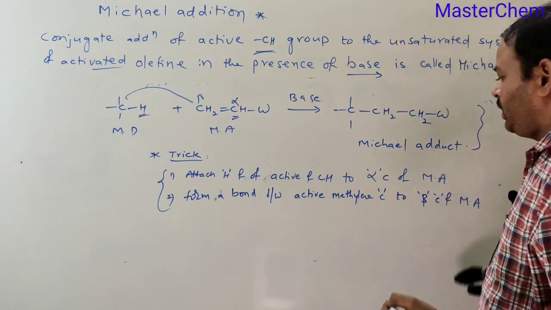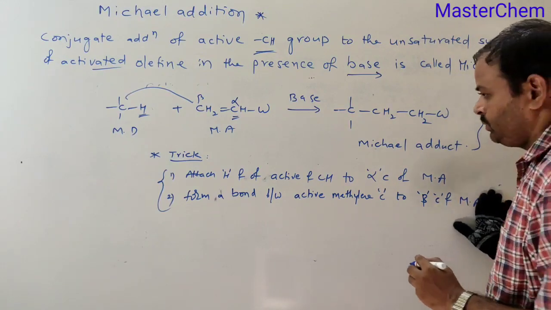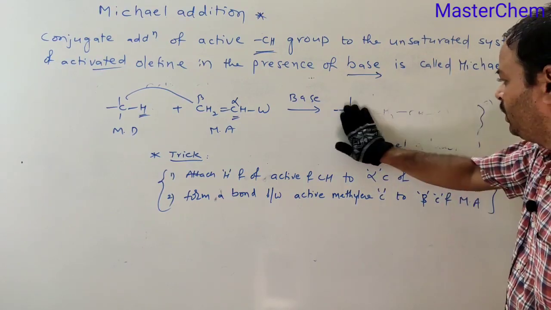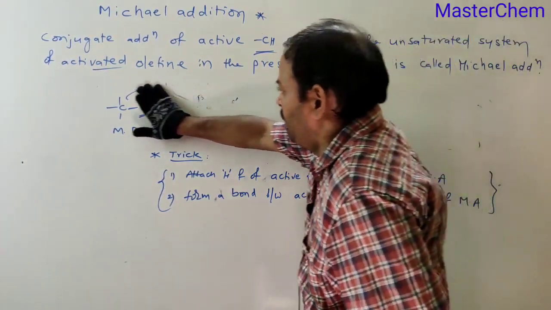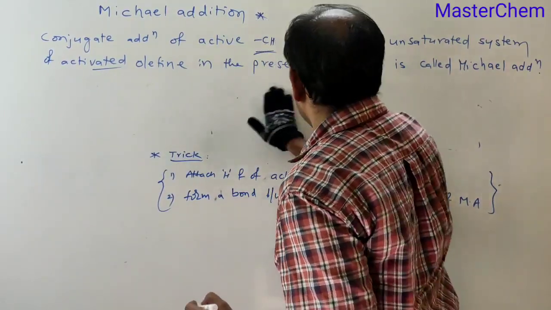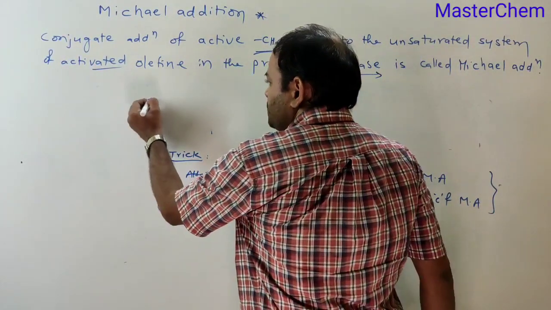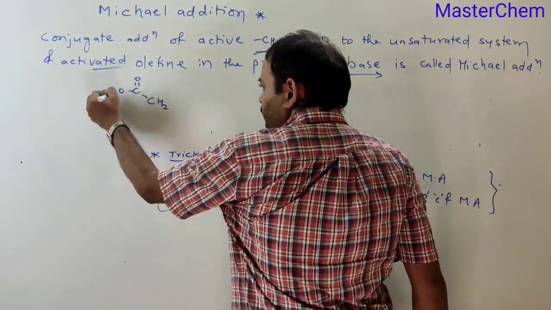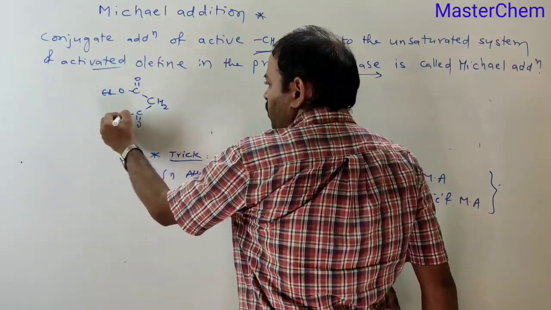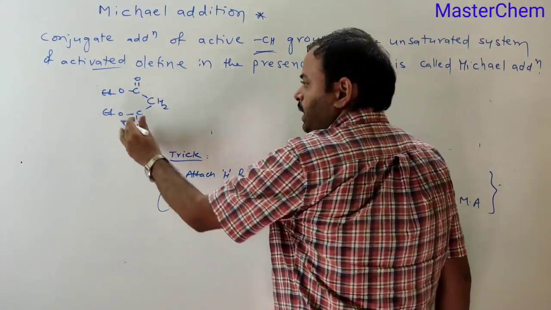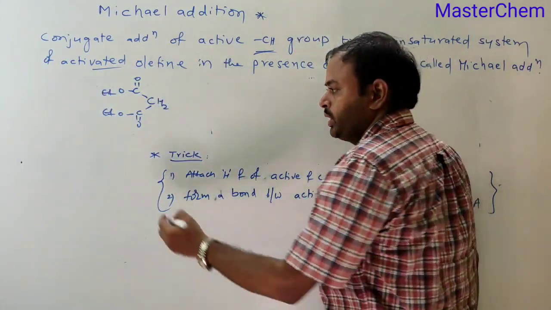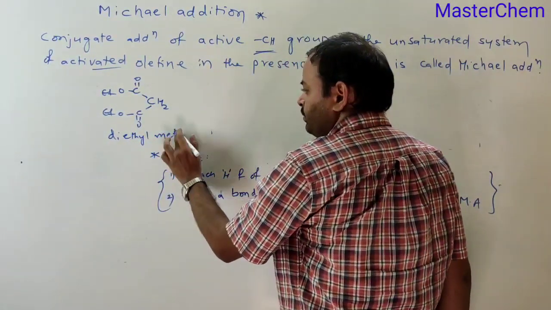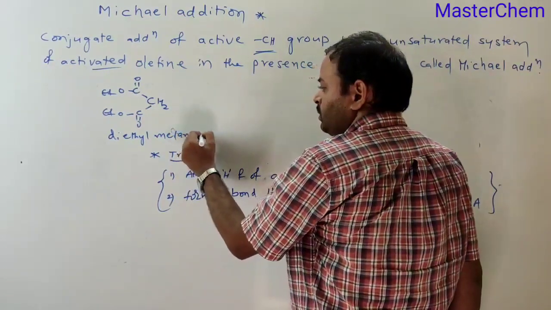So now let us take one example to apply this trick. What is that example? That is CH2 C double bond O OEt, C double bond O OEt. What is this? Diethyl malonate.